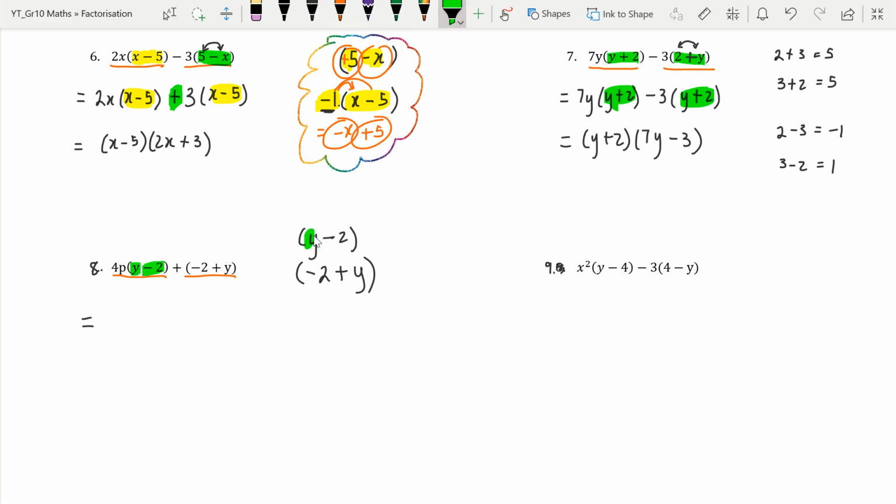If we look at the signs, that sign is still the same, and that sign is still the same. So if we swap this bracket around, we do not have to take out a -1 as a common factor because we are staying true to those signs. We are not changing it.